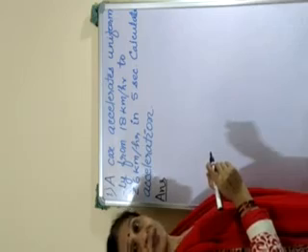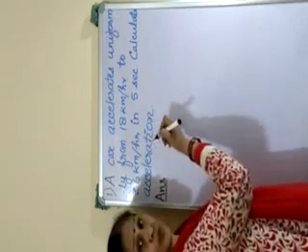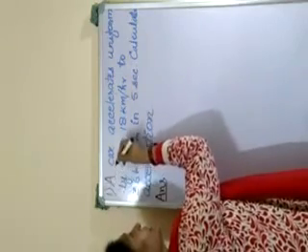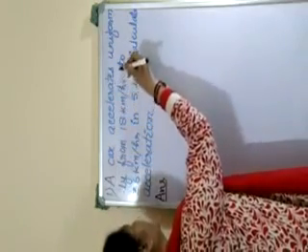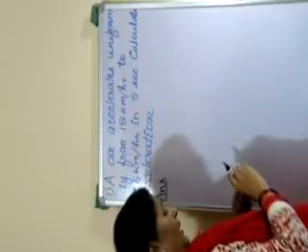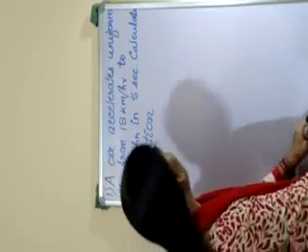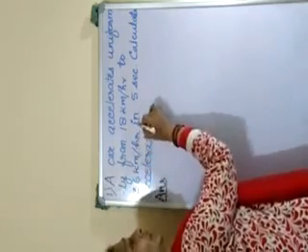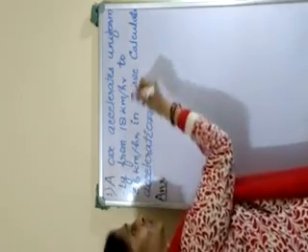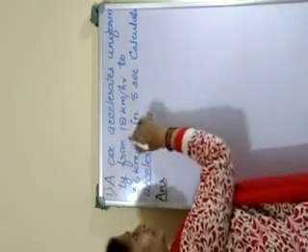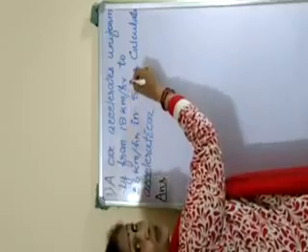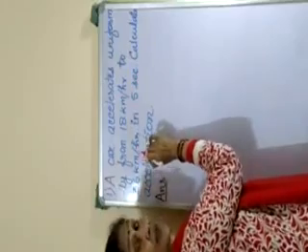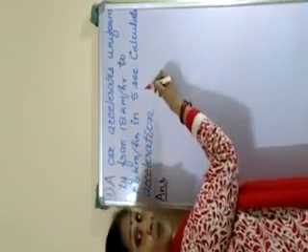Let us first understand what is given in this question and what you have to find out. The question is, a car accelerates uniformly from 18 km per hour to 36 km per hour in 5 seconds. Calculate the acceleration. Here 18 km per hour is initial velocity, 36 km per hour is final velocity, and time given is 5 seconds.